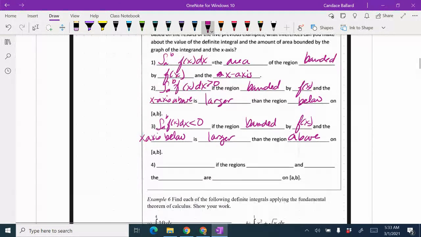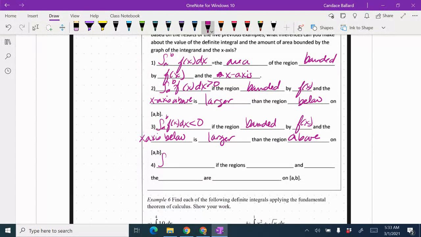And then finally, if it's equal to 0, because that was the other scenario that we have, the integral of f of x dx equals 0, then the regions above and below the x-axis are equal.